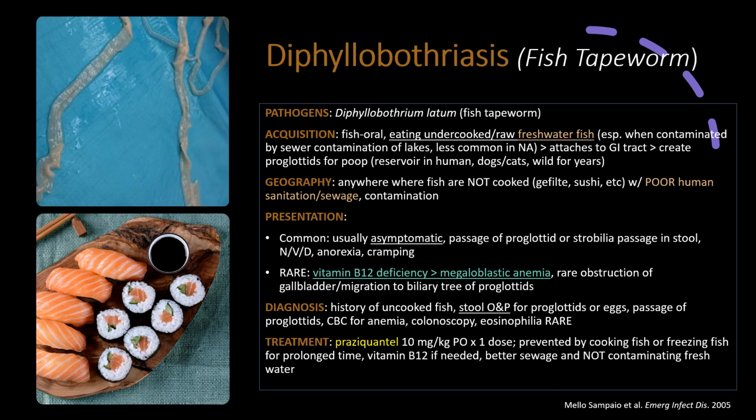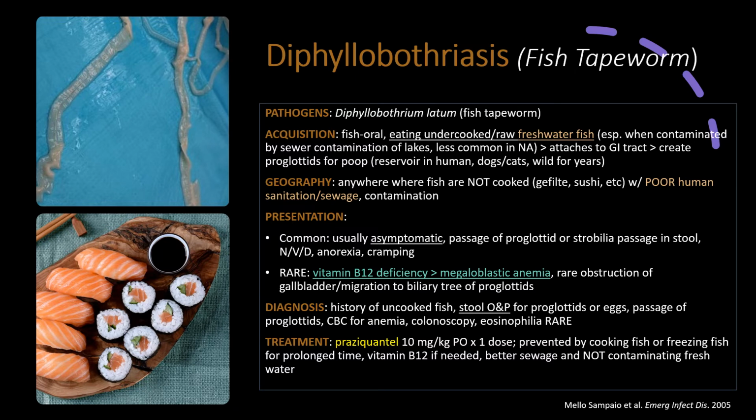Starting with the tapeworms you can get from undercooked food, Diphyllobothrium latum is known as the fish tapeworm, classically acquired from eating undercooked freshwater fish, particularly with an increased risk at sites where freshwater is contaminated by sewage drainage. This is uncommon in North America, but may be common in other countries depending on the context.